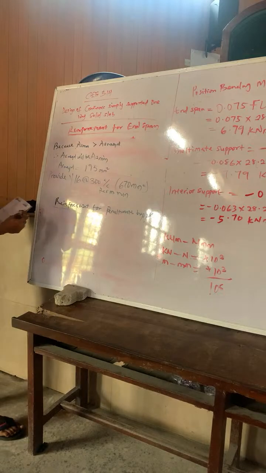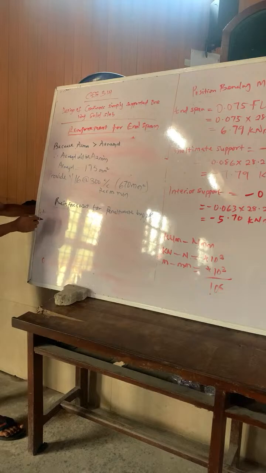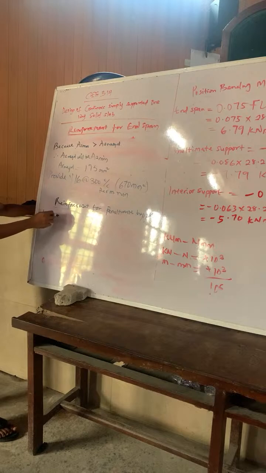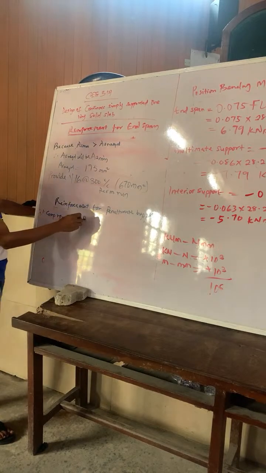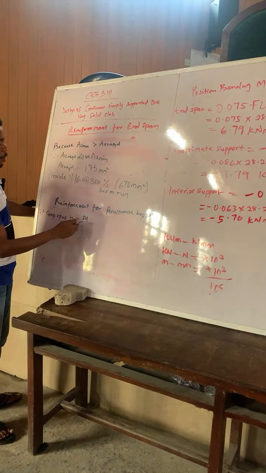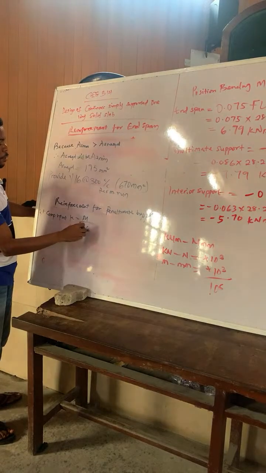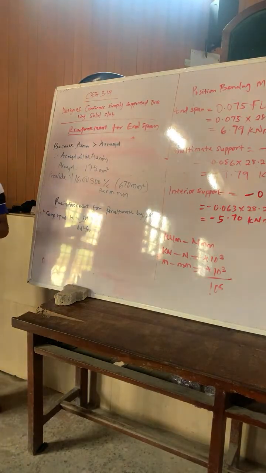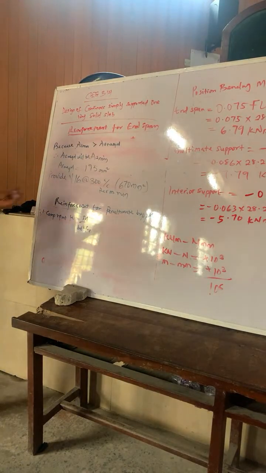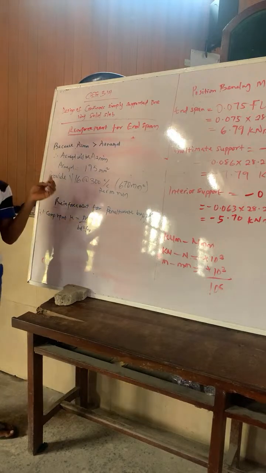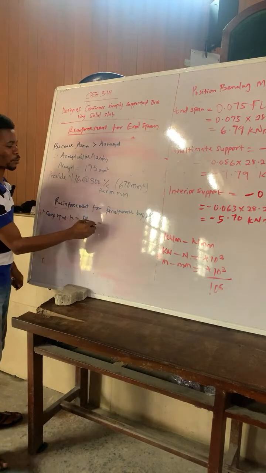So now for our penultimate support. One, compression reinforcement. That is K equals M over BD square FCU. I'm just writing because you should get it. Our M is what?